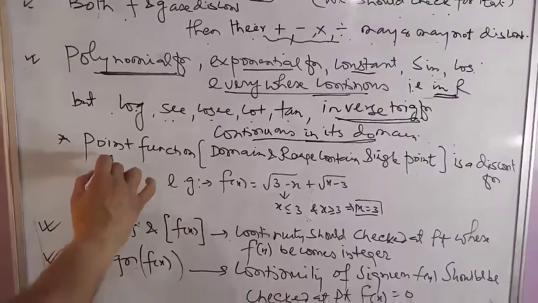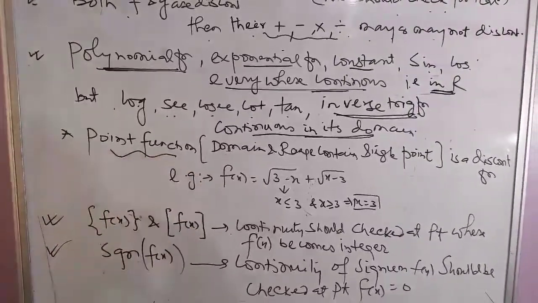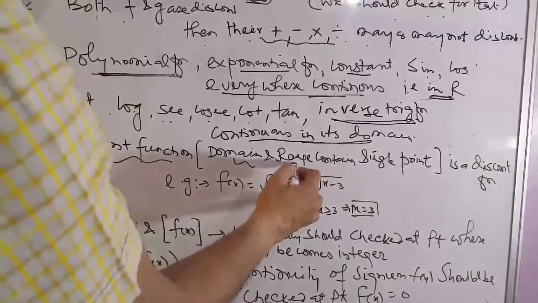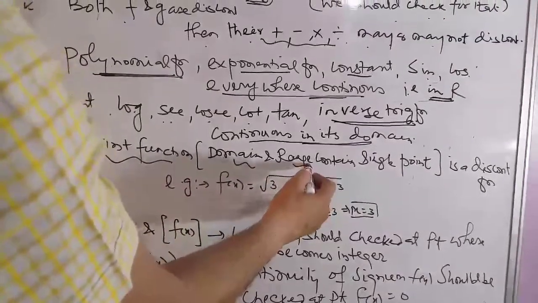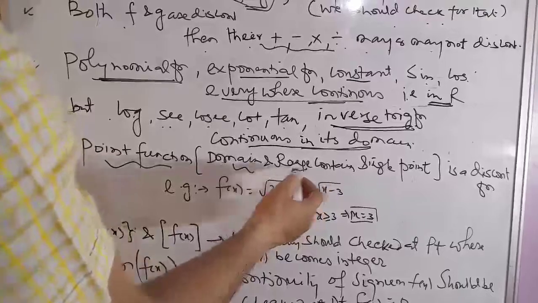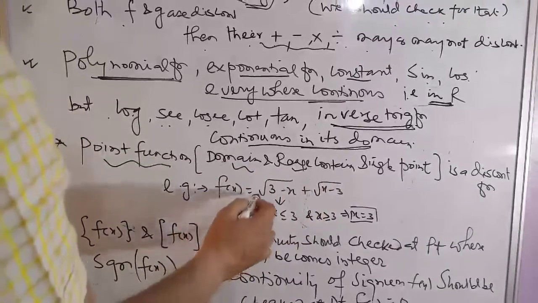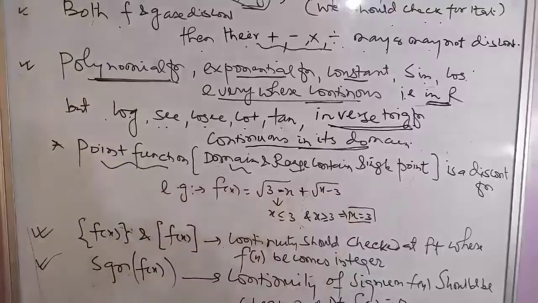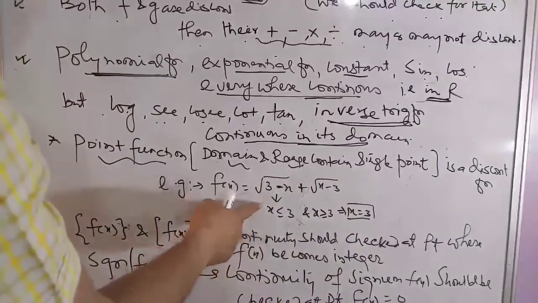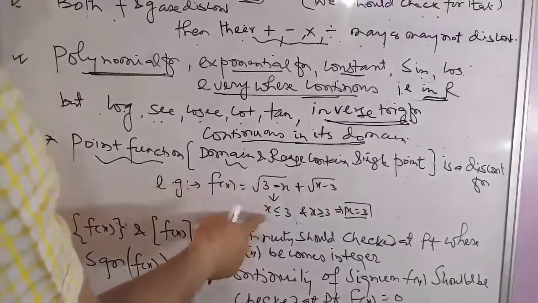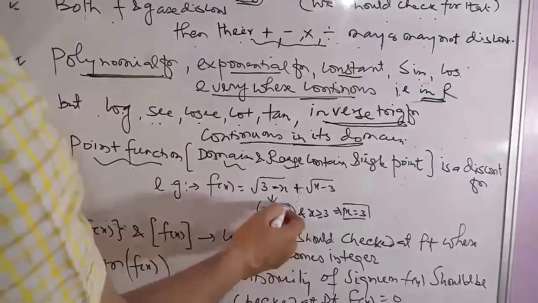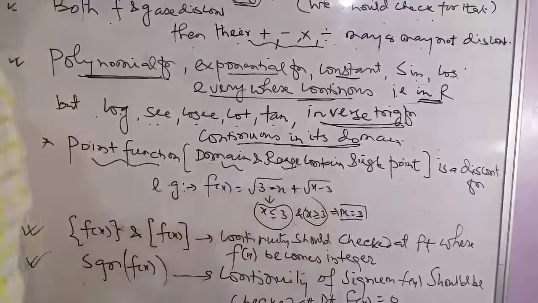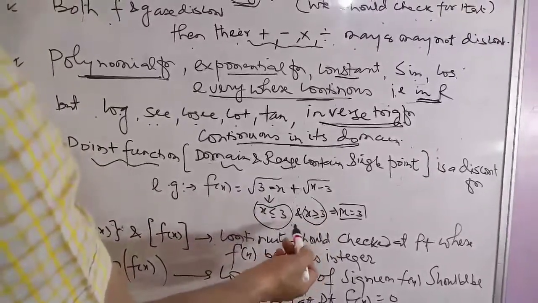Next is point function. Point function means there is only one element in its domain and only one element in its range. Domain and range are both singleton sets. As for example, f(x) equal to under root 3 minus x plus under root x minus 3. For the domain, 3 minus x greater than or equal to 0 gives x less than or equal to 3, and x minus 3 greater than or equal to 0 gives x greater than or equal to 3.